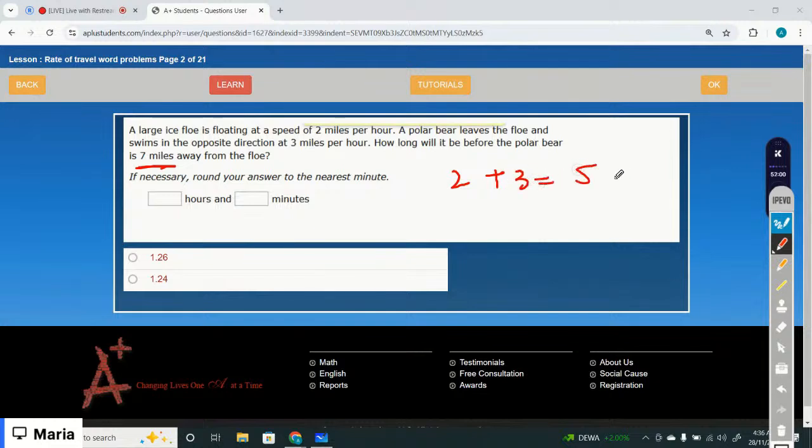So that means the total rate is 5 miles per hour, right? Let's just write down the equation. So that is D equals RT. D is 7, R is 5. So T equals 7 over 5, that is 1 whole 2 over 5.